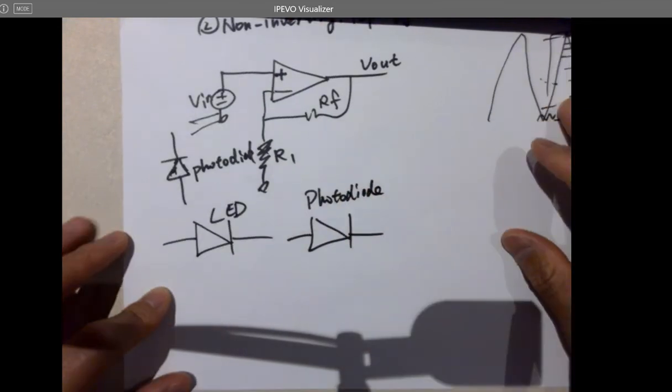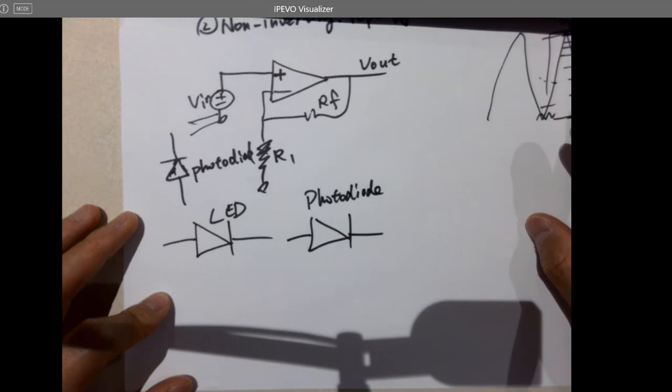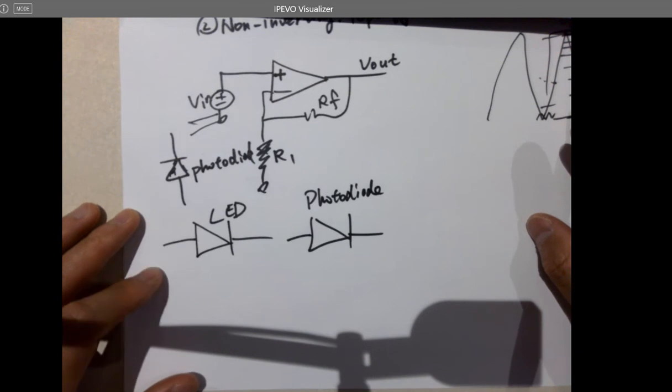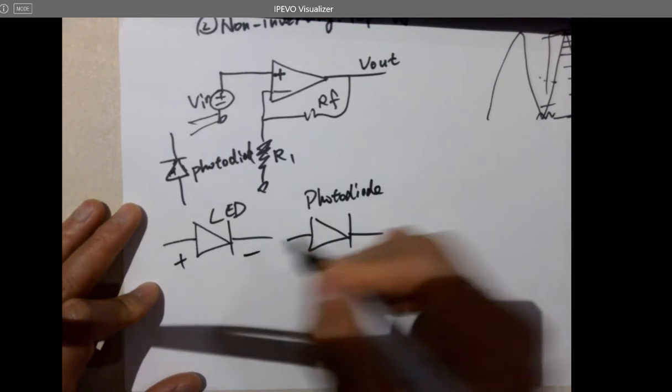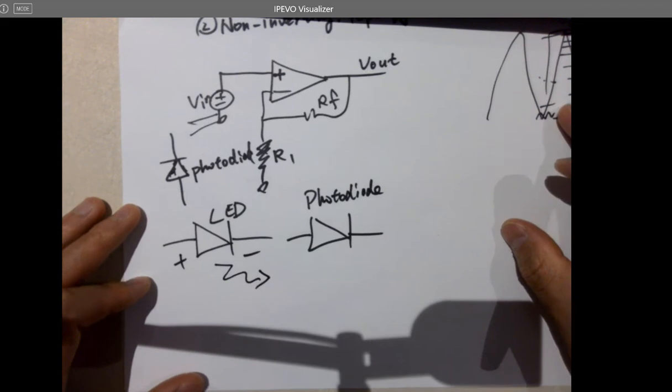What's the difference? LED and photodiode, they are all diodes. There might be some different doping materials in the manufacturing process, but they are literally just diodes. If you give a plus minus voltage difference, it's going to shine light. It's an LED.